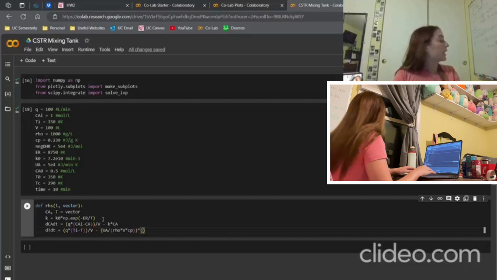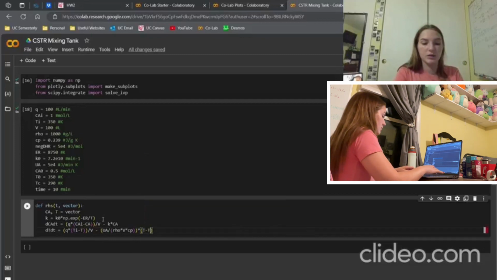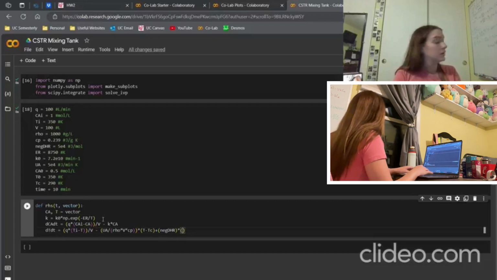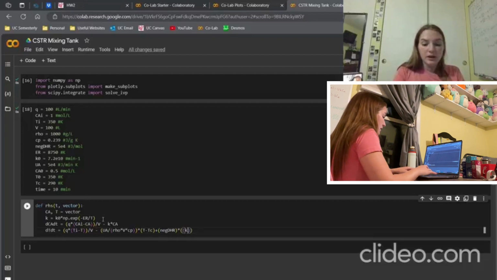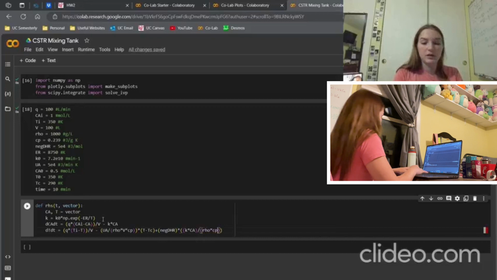Also multiply this by our temperature minus our cooling water temperature. Then we're going to add our negative delta HR multiplied by K times CA divided by rho times our heat capacity.